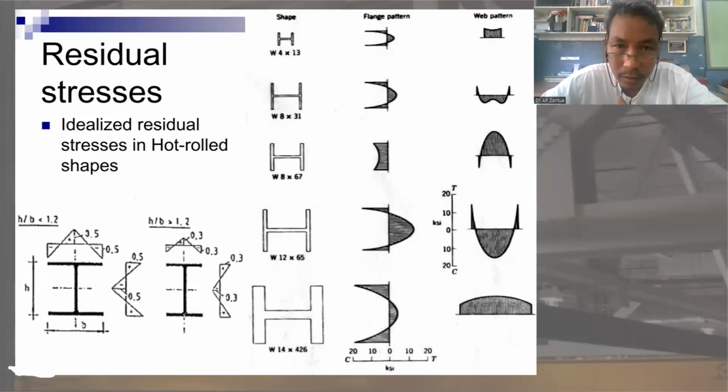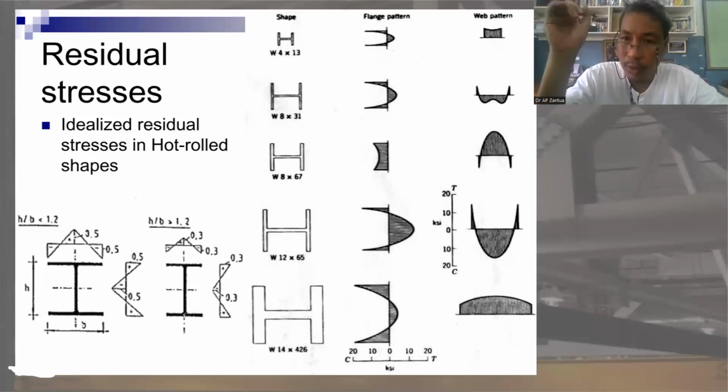There is more residual stress on the edge of the flange, not the same magnitude as at the center. Same magnitude here, 0.5, 0.5, only in the opposite direction. Opposite direction means one is compression, the other one is tension. That is what we meant.